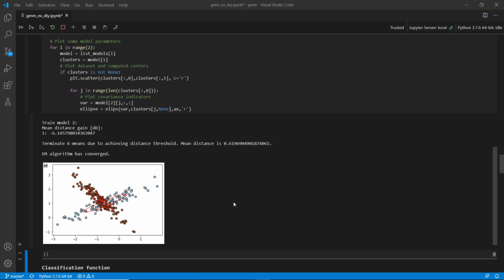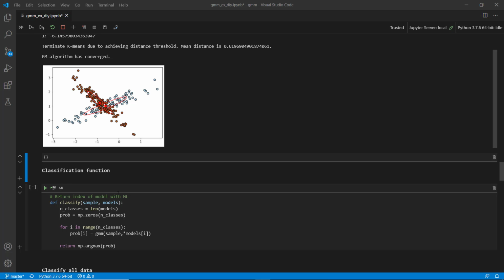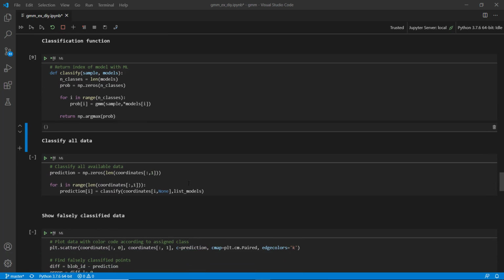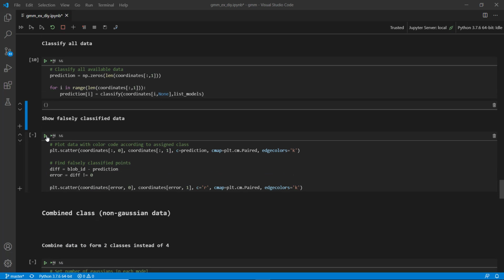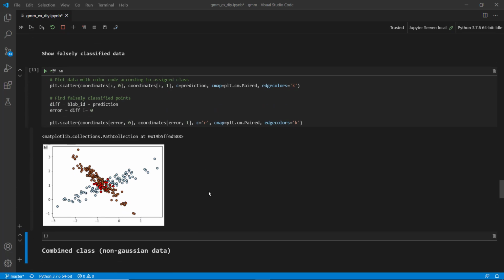Now it's interesting what would be the classification performance if I took the same data and I wanted to classify all the data. For this we implemented the classify function, and when I throw all the data together without giving information on what class the data belongs to, then I get my prediction, and I can plot which data is correctly or falsely classified.